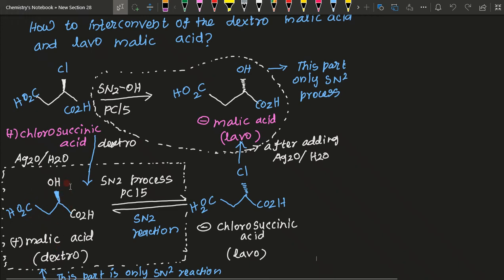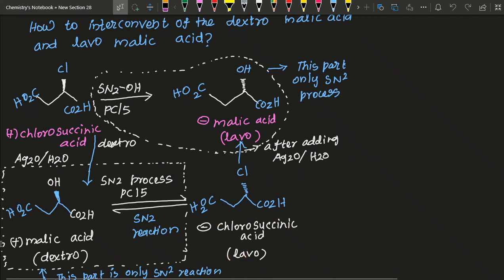This is the plus malic acid. With the SN2 process using PCl5, this plus malic acid goes again to minus chlorosuccinic acid.